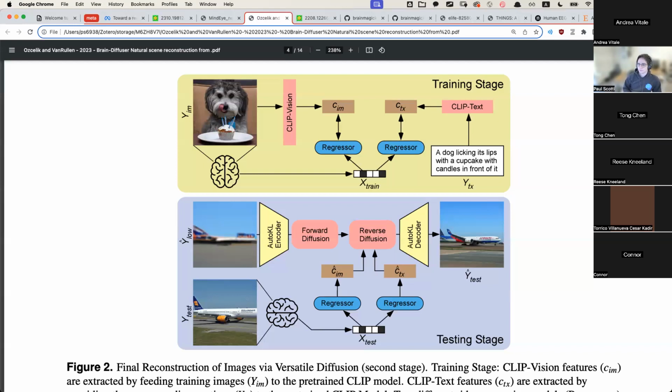So this could be one possible way to improve the classification of low-level features using EEG or MEG modality. This could be quite interesting to explore.